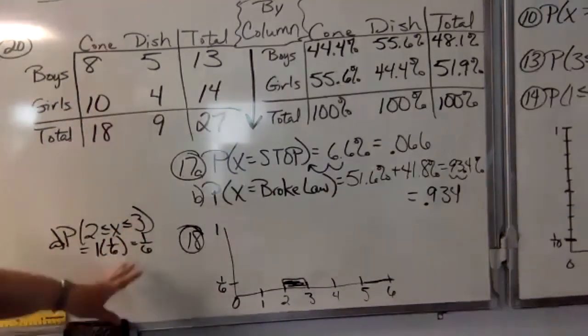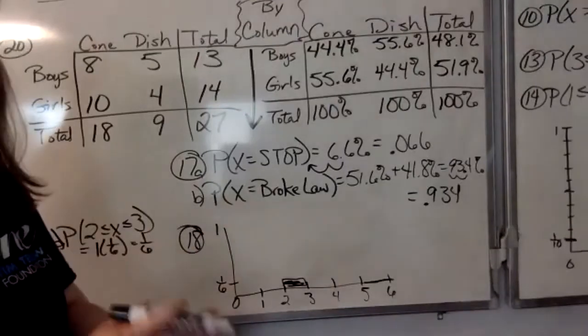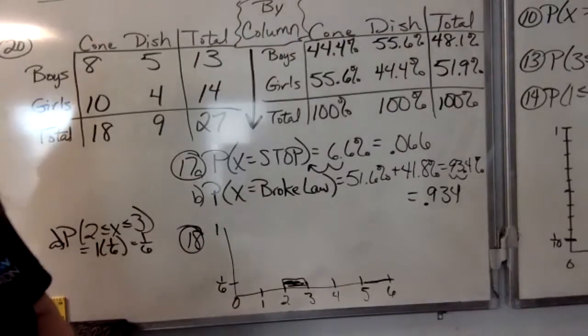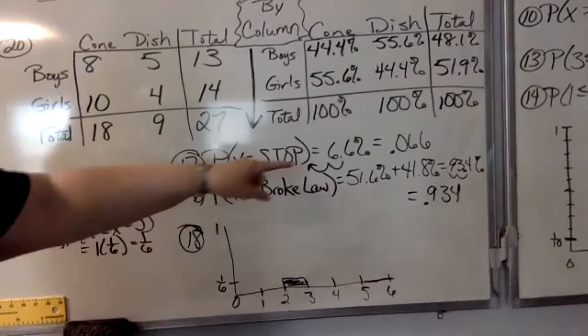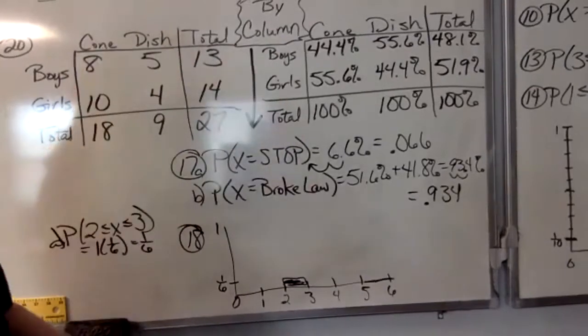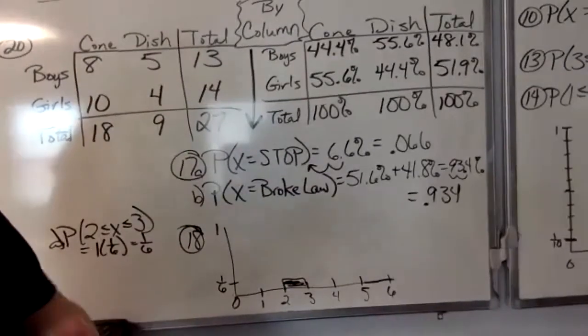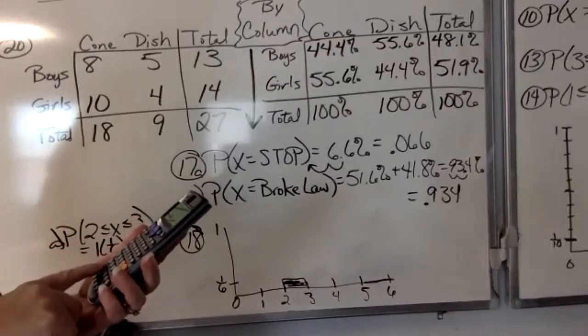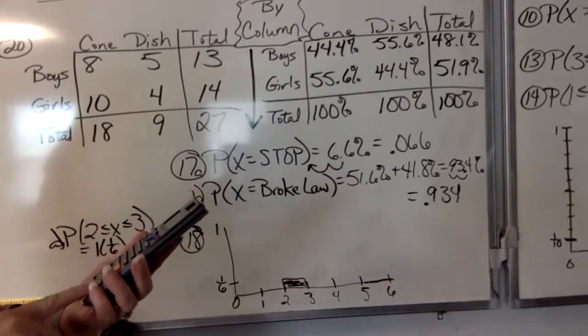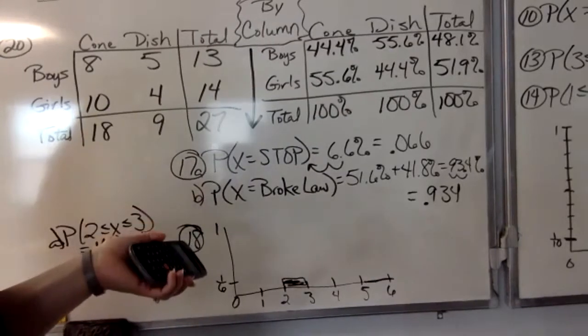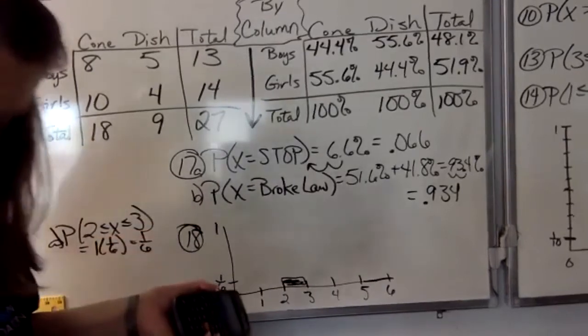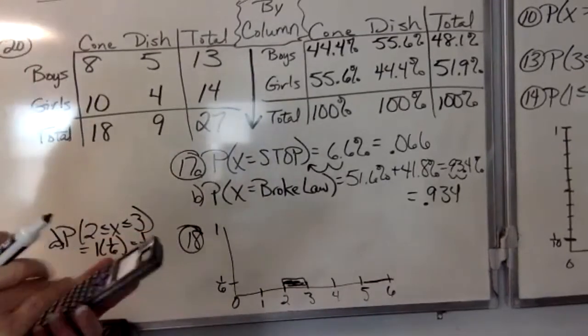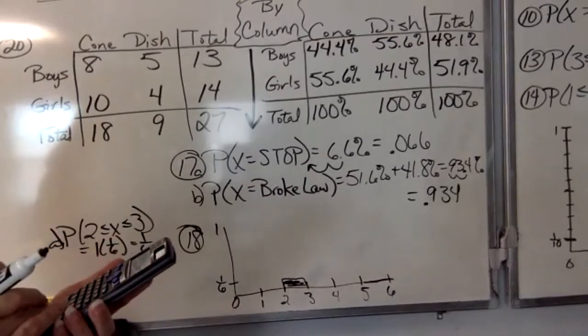Now, you can always change this to a what? A decimal. Most of the time with these, they want it in what form? A decimal form. So if you take your little calculator and you change 1/6 to a decimal, you get a big long repeating decimal, right? Okay, so do it.